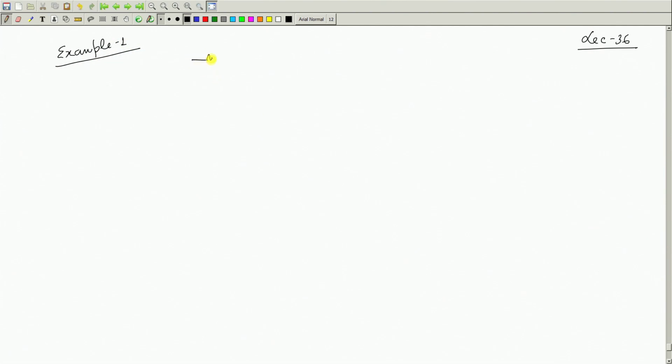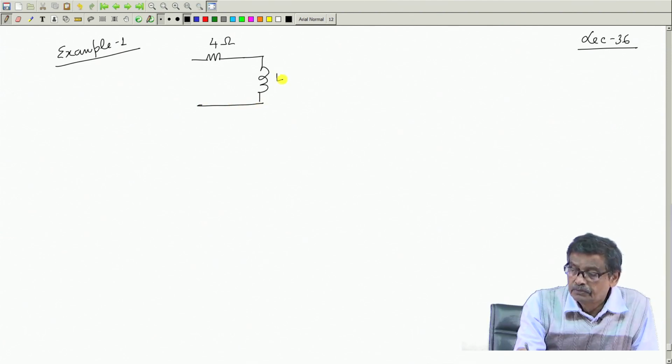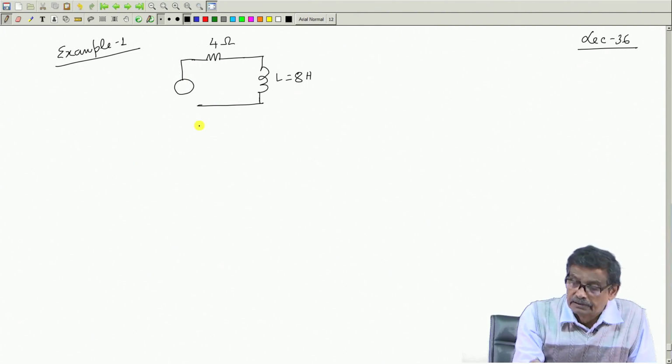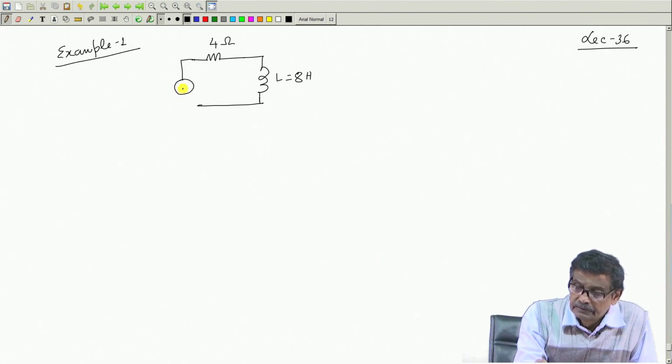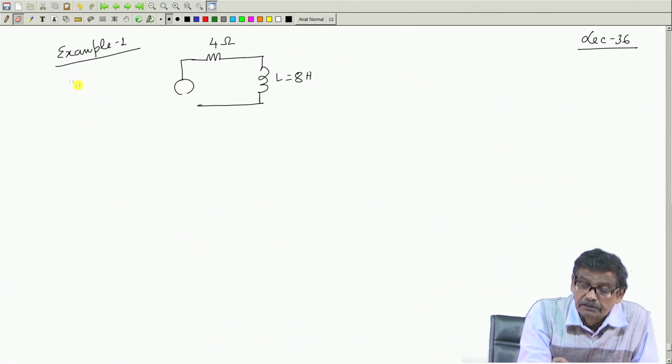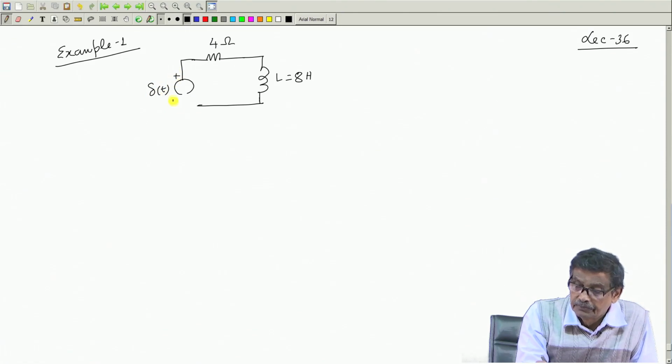Suppose you have a circuit where R equal to 4 ohm and L equal to, suppose, 8 Henry, and I will excite this with an impulse function delta t.